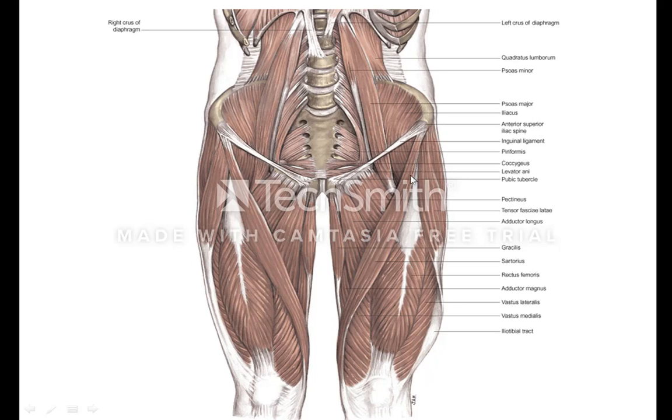Here we can see the sartorius muscle, and here the rectus femoris muscle, and this is the vastus lateralis and the vastus medialis. Beneath this muscle we also have the vastus intermedius.